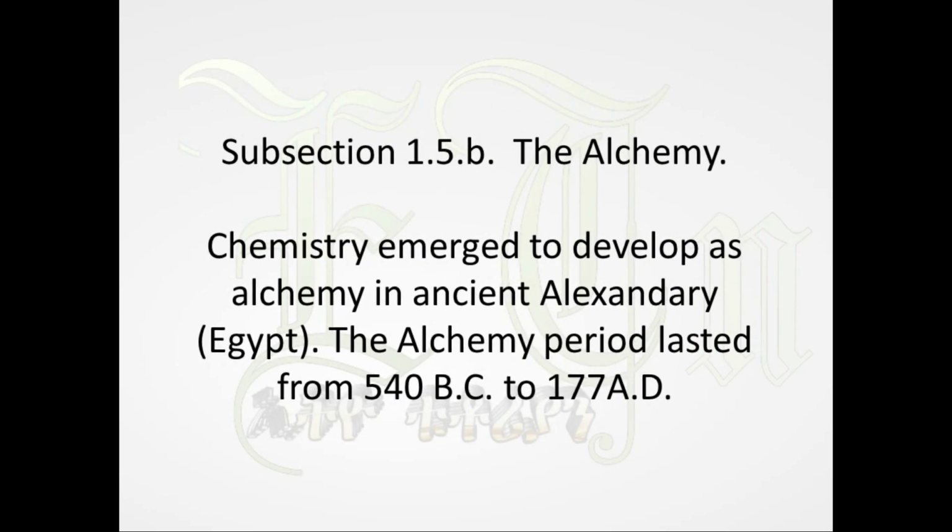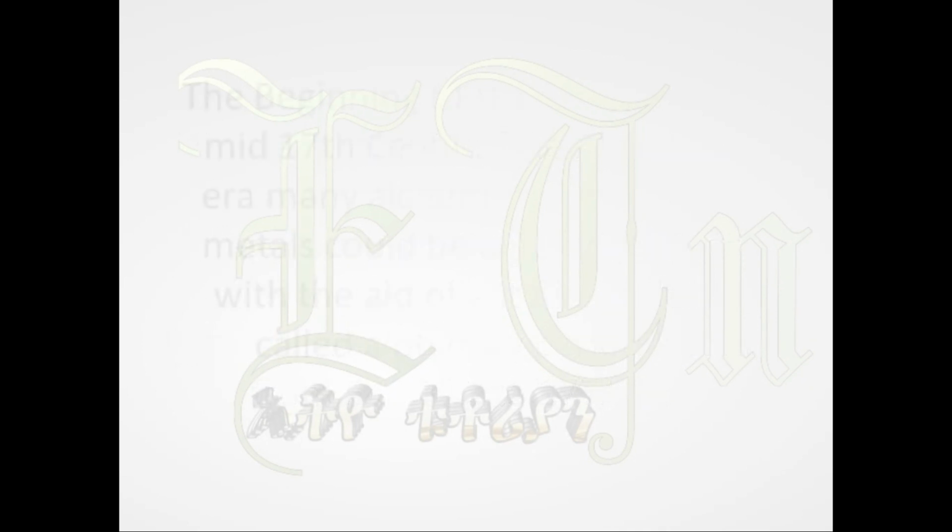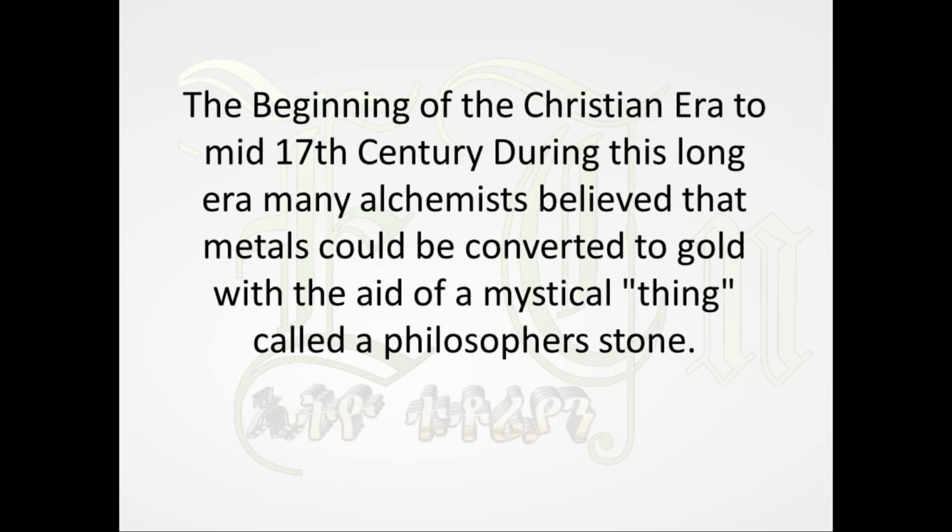Subsection 1.5.b. Alchemy. Chemistry emerged and developed as alchemy in ancient Alexandria, Egypt. The alchemy period lasted from 540 BC to 177 AD, the beginning of the Christian era, to mid-17th century.